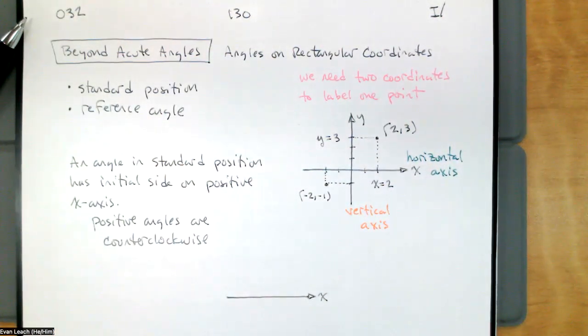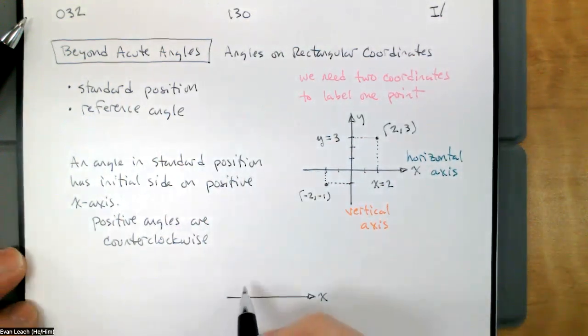So if I want to draw 45 degrees in standard position, I put my initial side on the positive x-axis.